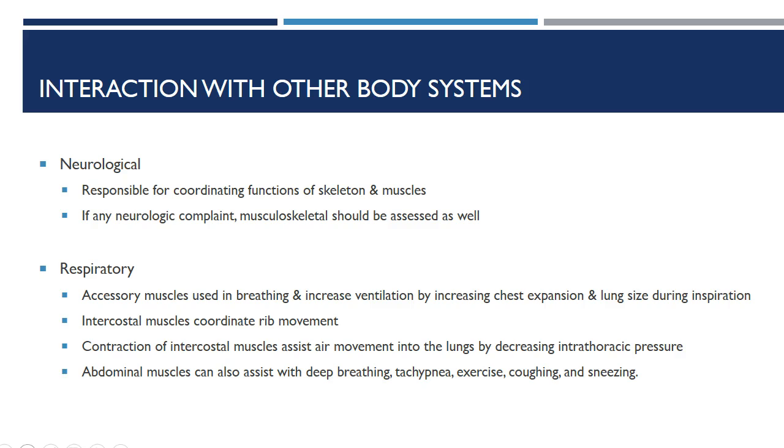And then our abdominal muscles also assist with deep breathing. They assist with tachypnea, exercise, coughing, and sneezing. Remember, one of the ways to educate a person with COPD is by abdominal breathing. And abdominal breathing will help the person with COPD to take in more air and to let out more air.